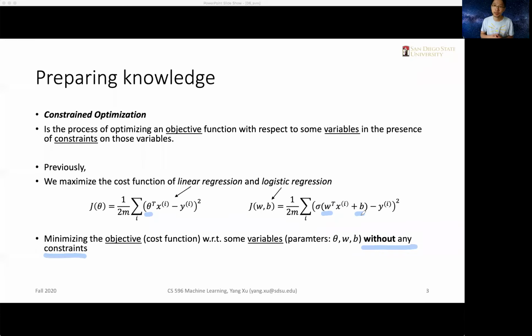The resulting thetas and w and b's, in theory, can lie in an arbitrary range. We didn't say that theta should be greater than 0 or something, right? So having no constraints makes it easier to optimize the cost function.